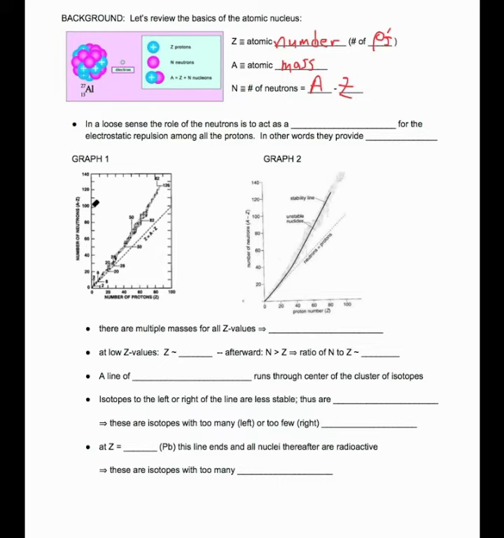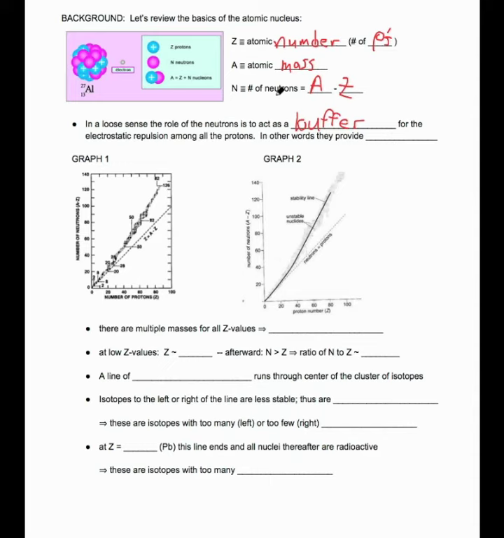So let's talk about the role of neutrons. You learn in chemistry that the number of protons is essentially the identity of the element, and that's how you move up or down through the periodic table. The neutrons are in the nucleus more than anything to act as a buffer. They're there to essentially offset the repulsive forces amongst all the protons that are crammed into a femtometer, 10 to the negative 15th meters.